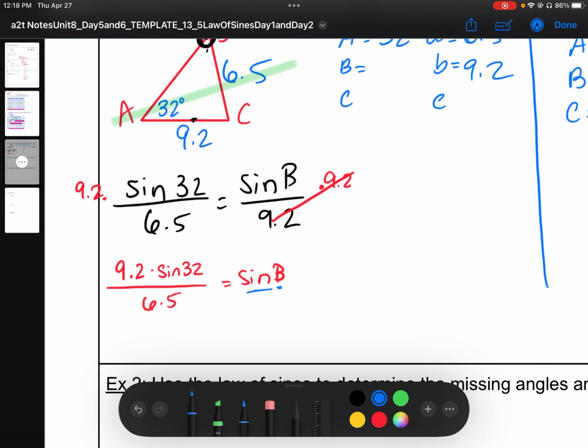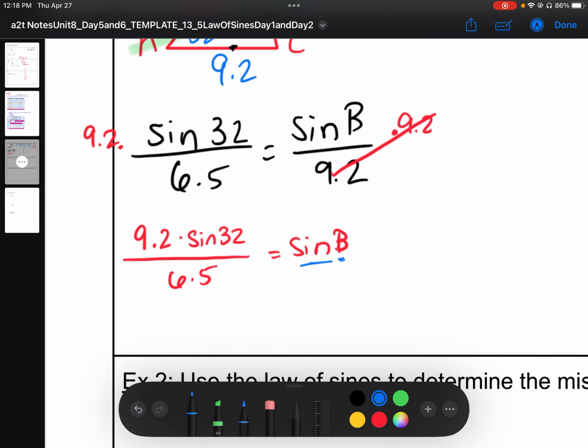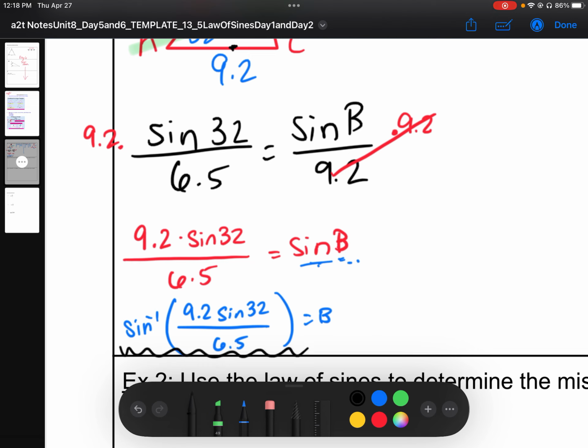We cannot just divide by sine and solve this. So the only way we can actually split these apart here is by using inverses. So sine inverse of 9.2 times sine 32 divided by 6.5 is B. So we're going to throw all of this in our calculator and we'll get angle B.